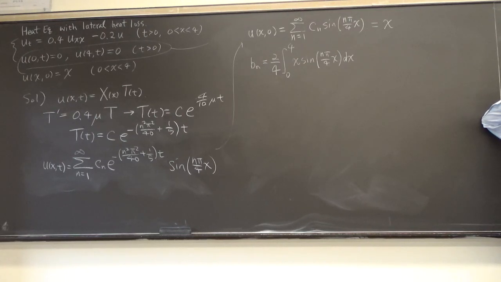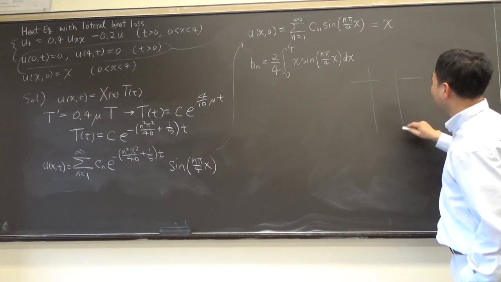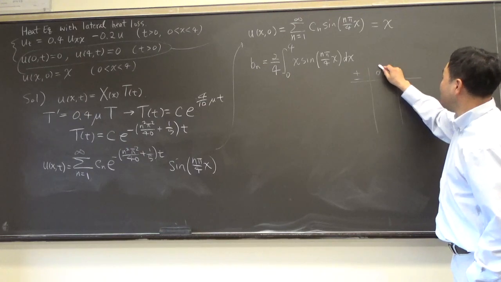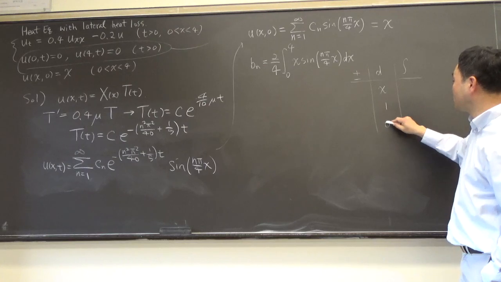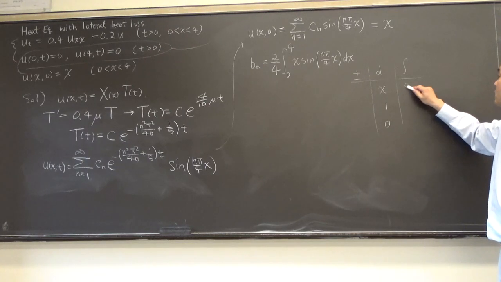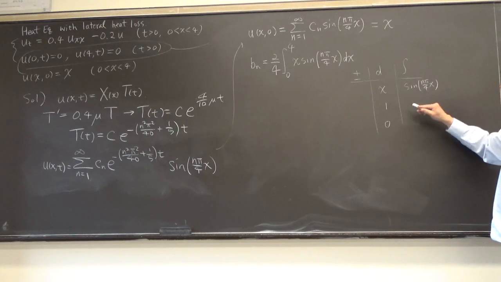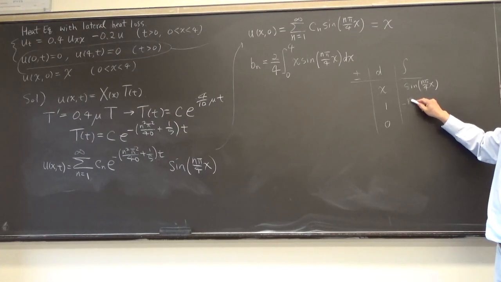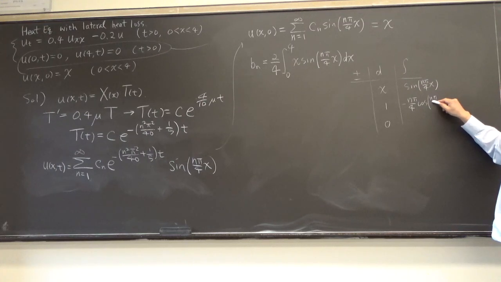Let's do it. I wanted to skip this step, can't. Integral: x differentiates to 1, then differentiates to 0, sine n pi over 4 x. Integrating that gives you negative 4 over n pi cosine of n pi over 4 x.